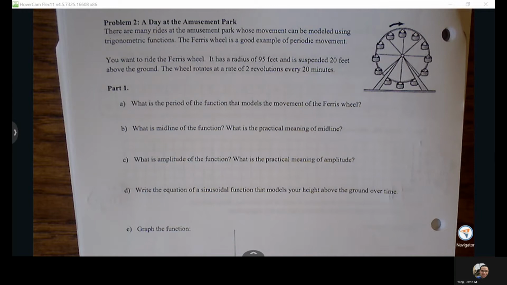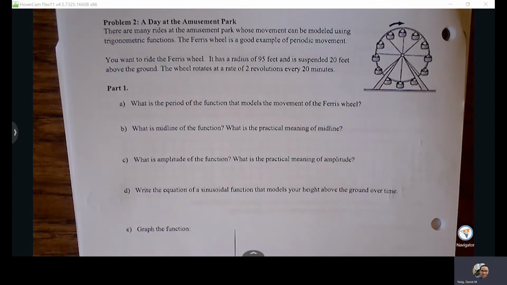Good, all right. Okay, so page 30, problem 2.